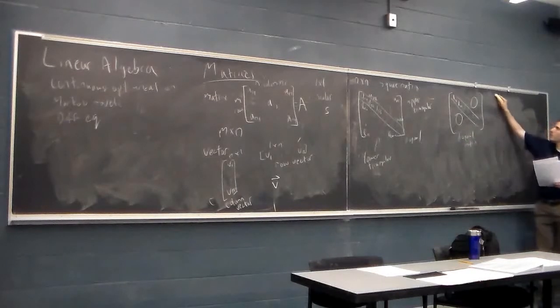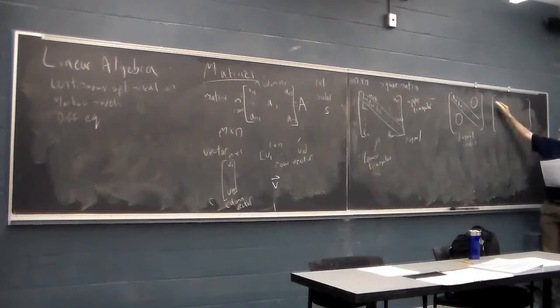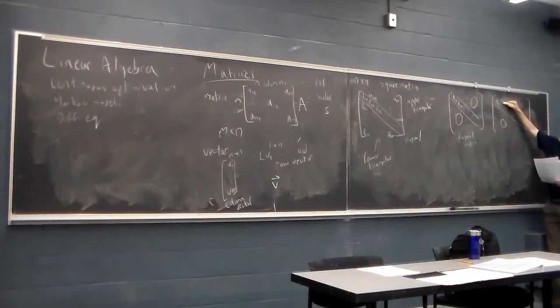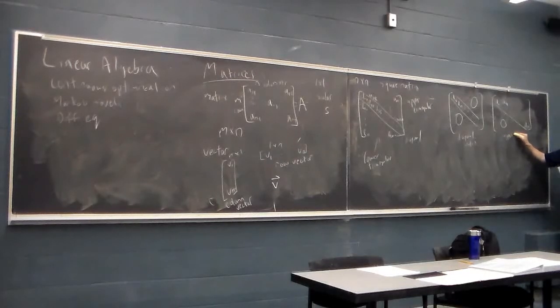And we can similarly refer to an upper triangular matrix. An upper triangular matrix would have potentially non-zero diagonal elements, as well as potentially non-zero upper triangular elements, but all the lower triangular is zero. That's an upper triangular matrix.